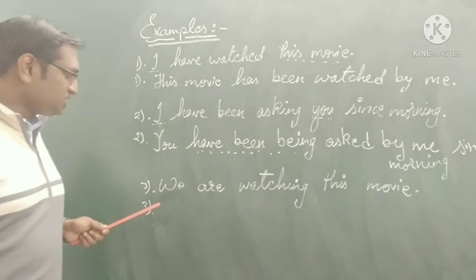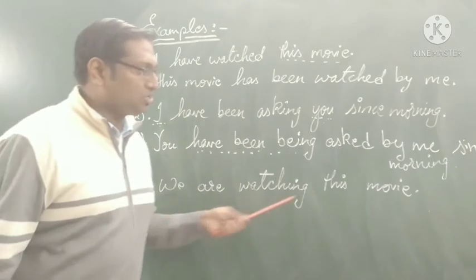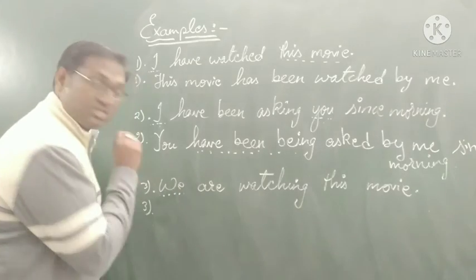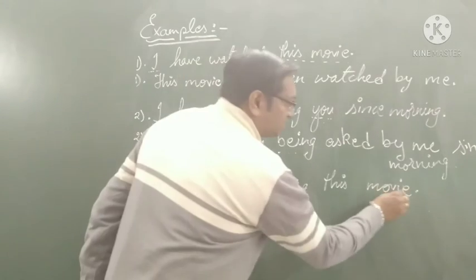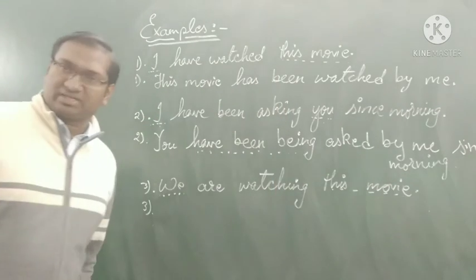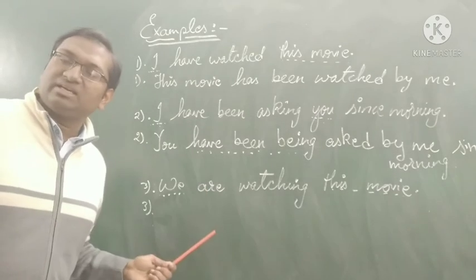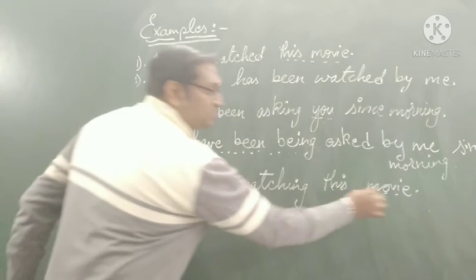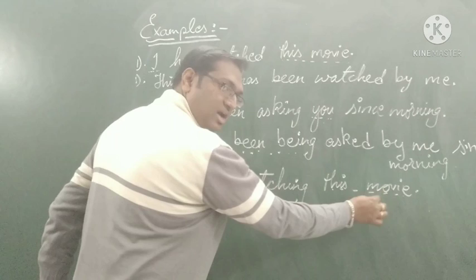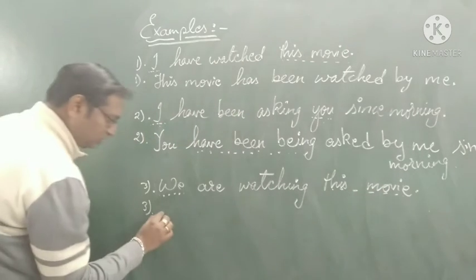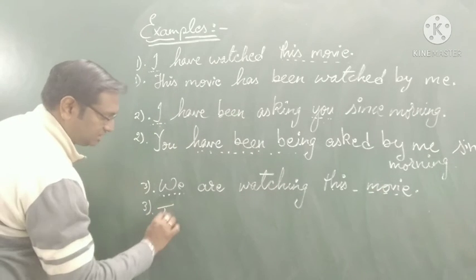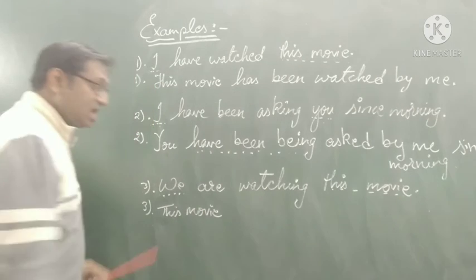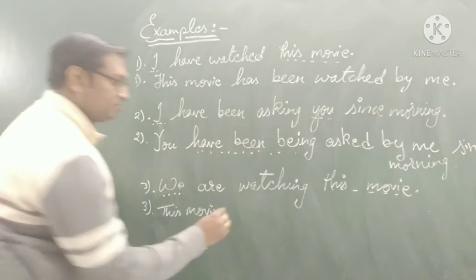Clear? Now, last one. We are watching this movie. Now over here, we is the subject and this movie the object. And this is which category? It's a present continuous category. So this movie, this is the object. It will become your passive subject in the passive voice. This movie.